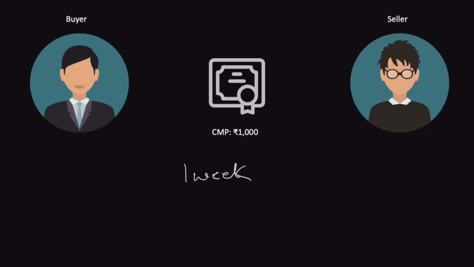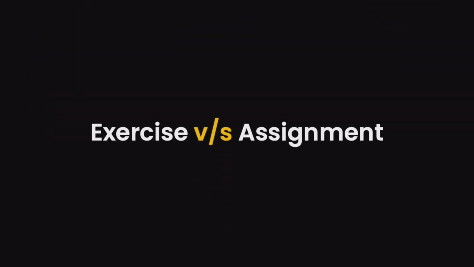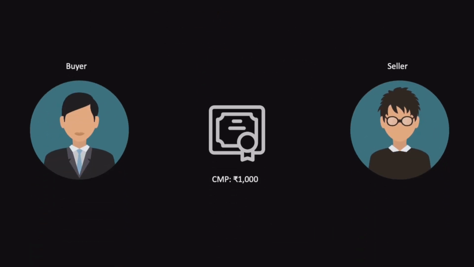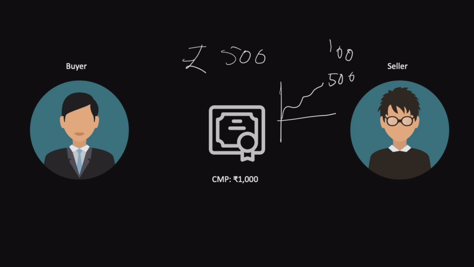Now let's discuss exercise and assignment. In this example, if the strike price is 500 per share and in the future the stock's value goes above 500 rupees, let's say it becomes 1000 rupees, then the buyer can submit a request to the seller for the stock. This is known as exercise. So he is submitting a request to the seller to transfer the amount of the stock to them.